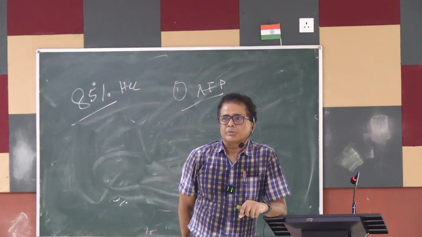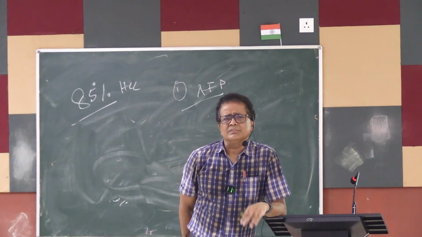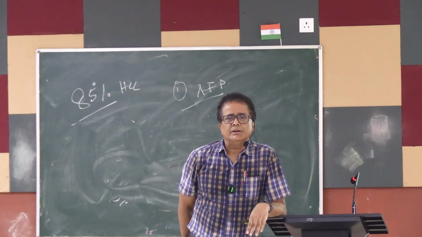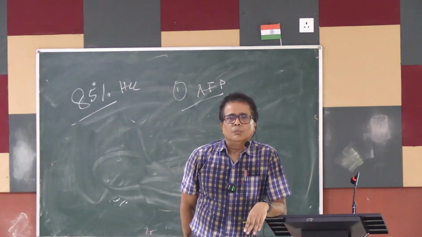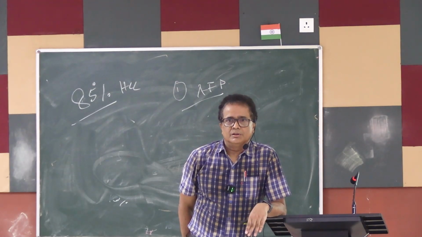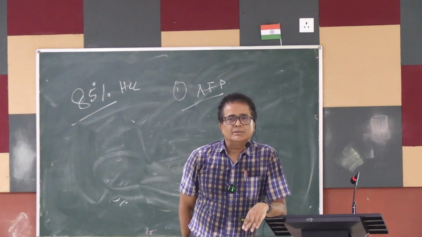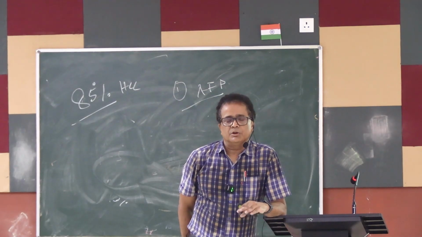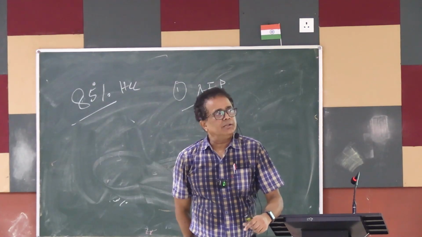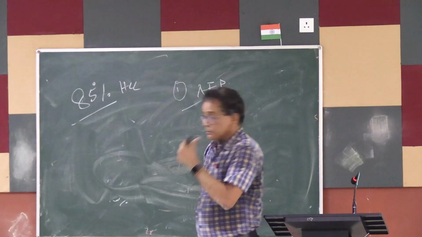But the fallacy is this: alpha-fetoprotein can simply rise when there is cirrhosis itself. So how will you differentiate whether this rise in alpha-fetoprotein is because of cirrhosis or cirrhosis associated with hepatocellular carcinoma? That is when you need to measure the amount.